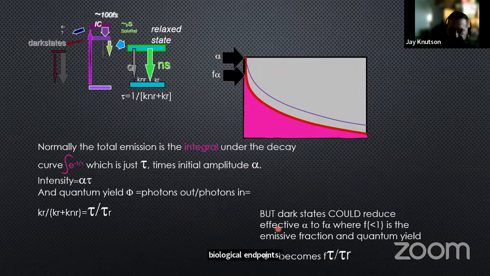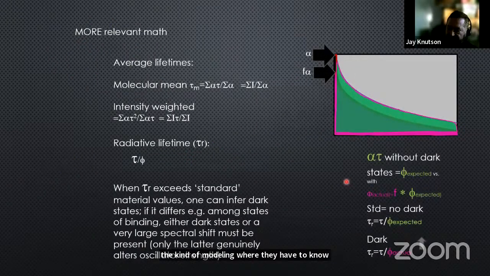It's only when people start to do the kind of modeling where they have to know the actual concentration that's present at early times, the true concentration of free and bound NADH, that this is going to be relevant.